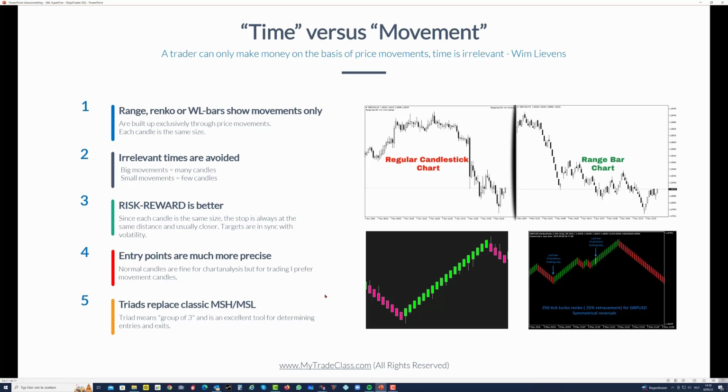So that's one way. Once we go into day trading, or even scalping, where we trade smaller movements, there is a real advantage to using these movement candles.